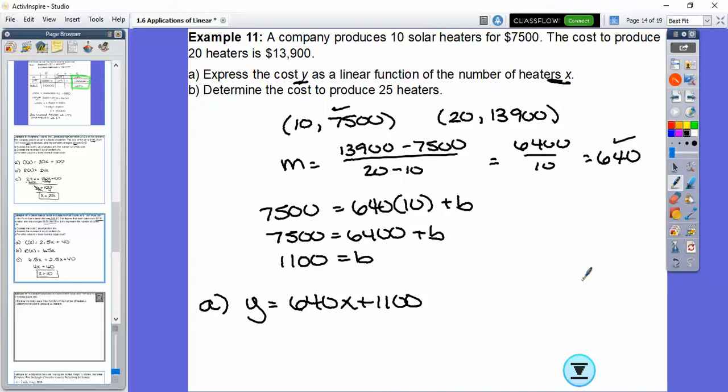So I have my equation. Part B, if I want the cost to produce 25 heaters, what do we have to do? Only get $17,100.